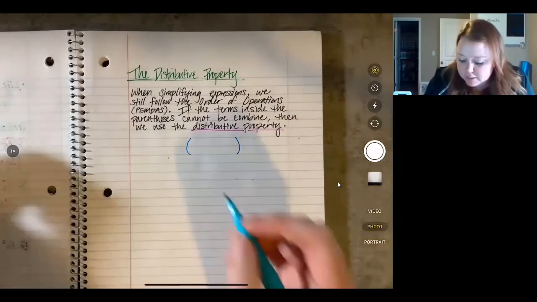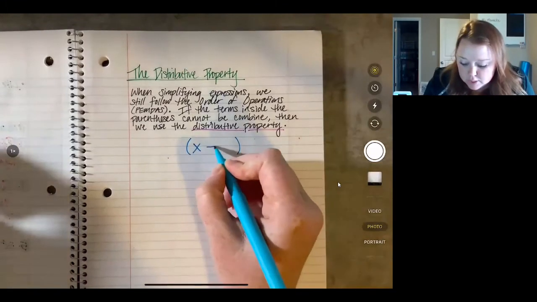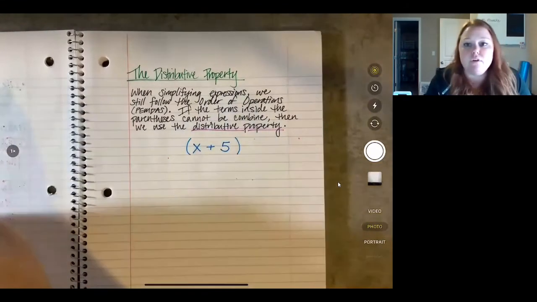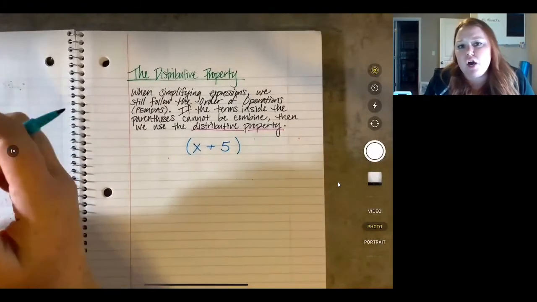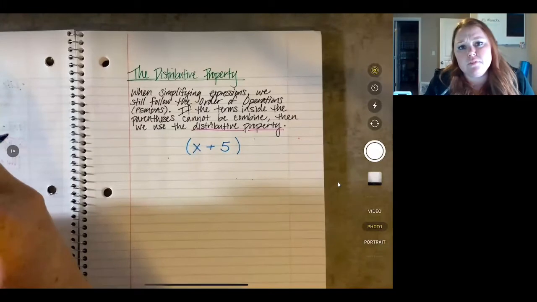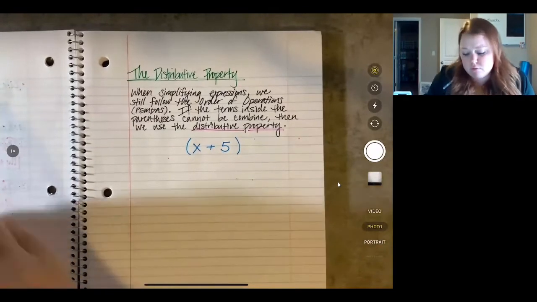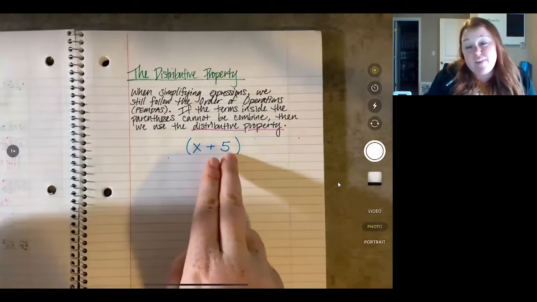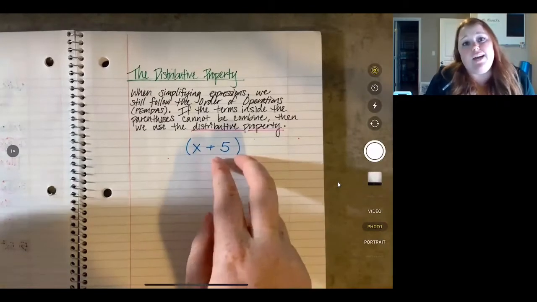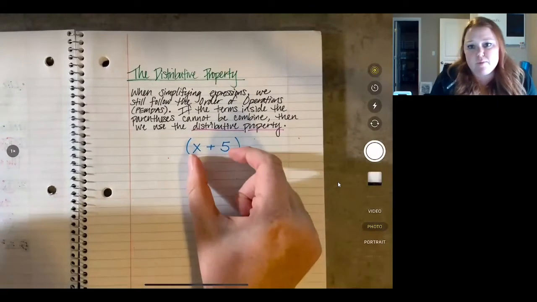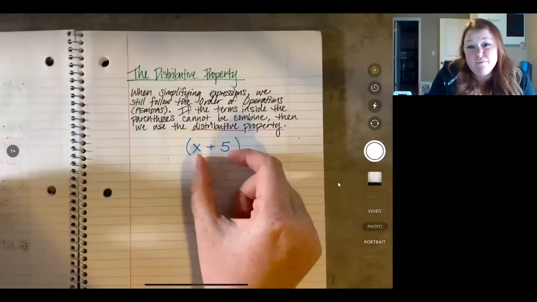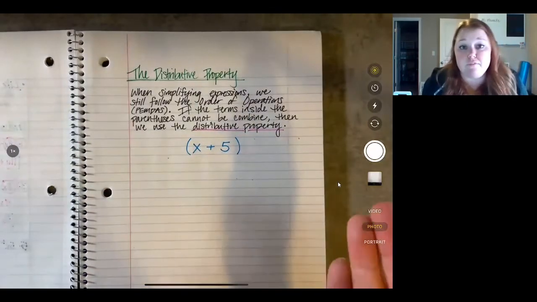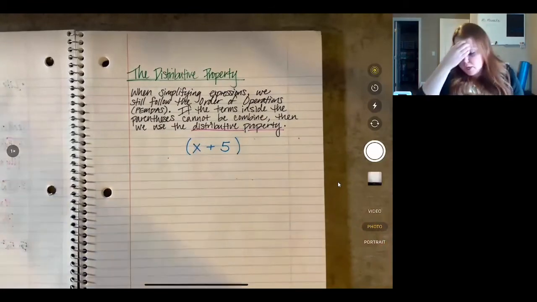But what if we had x plus 5? Can you add x plus 5 together? Are those like terms? The answer is no. If this 5 had an x on it, then yeah, you could add them up. They don't have the same variable raised to the same power, so they're not like terms. So x plus 5, what's x plus 5? It's just x plus 5. You can't simplify that further.